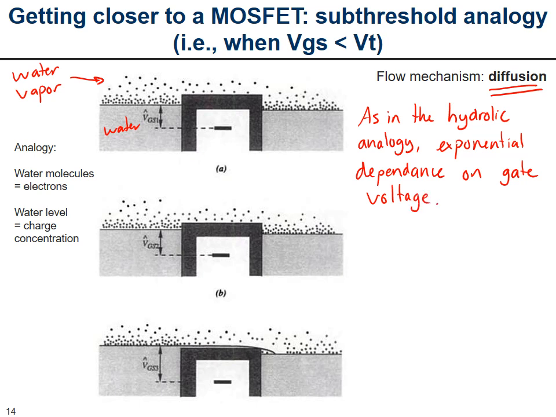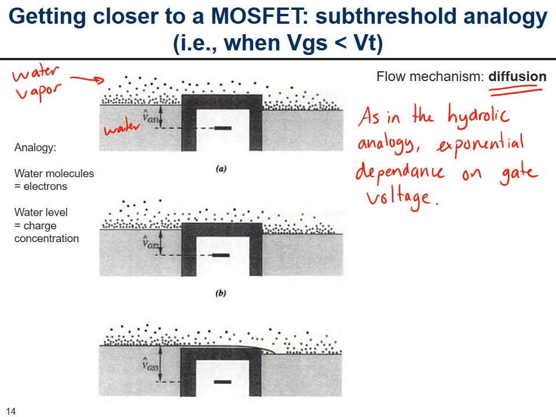And what I mean by that is if the gate voltage in this case is very low, and in this analogy that means the barrier is very high, there's not going to be a whole lot of vapor that has enough energy to cross that barrier. But as the gate voltage starts to increase, or conversely the barrier starts to decrease, then there's a lot more vapor molecules that are able to get over there.